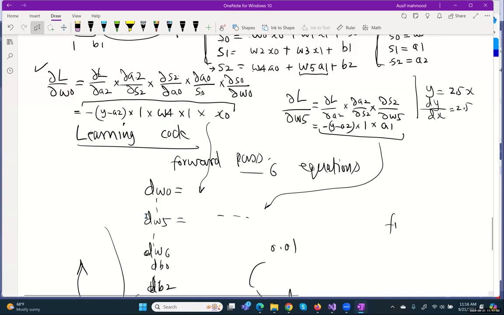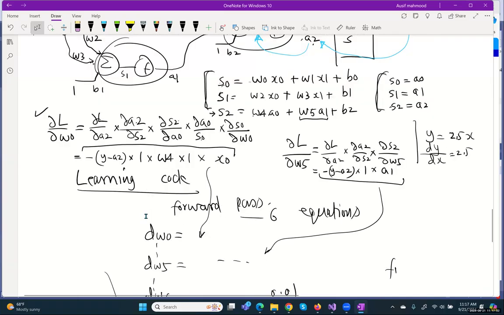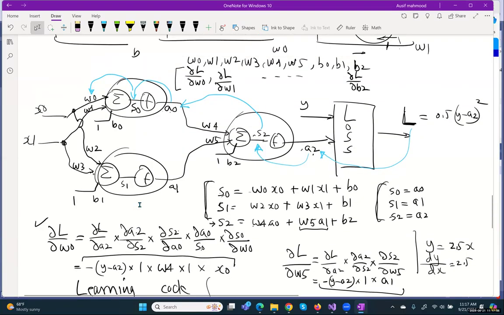So now let me introduce one more very interesting aspect of it. Let's say you wanted to calculate, see over here, we focused on this equation. We did partial L over partial W0 by multiplying all of these terms, right?